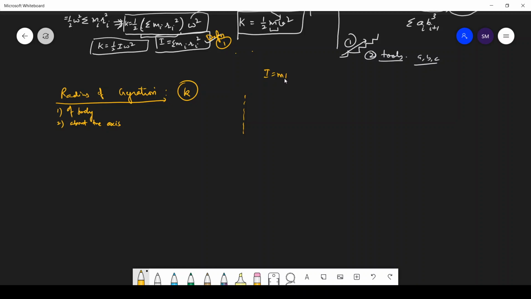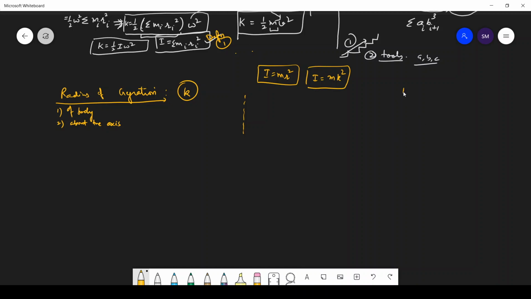Mass m, and that mass is at a distance r, and you can write it in the form of m k square also. Let me just tell it to you, you will understand it more.